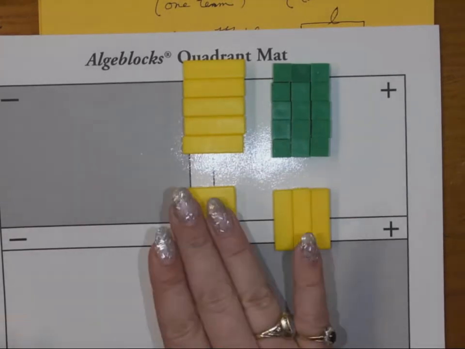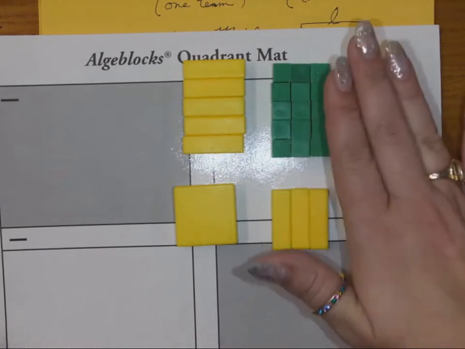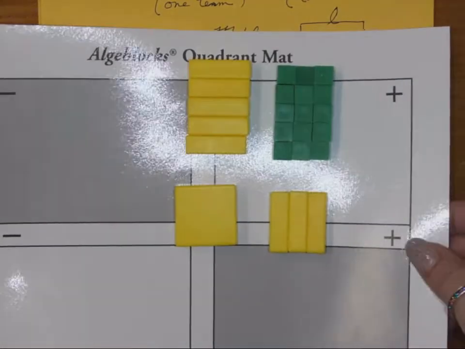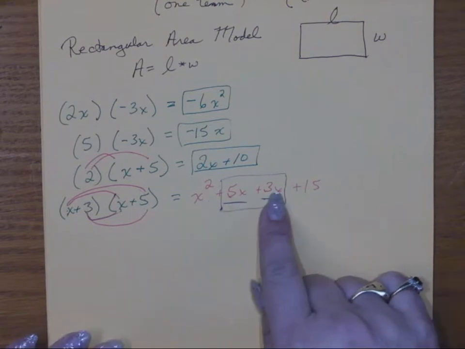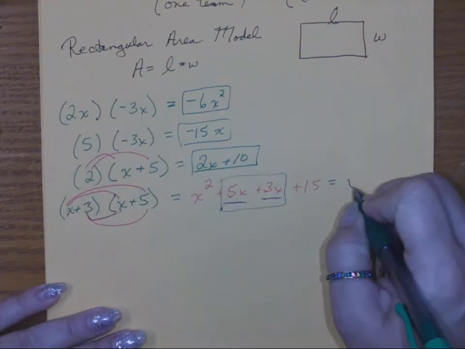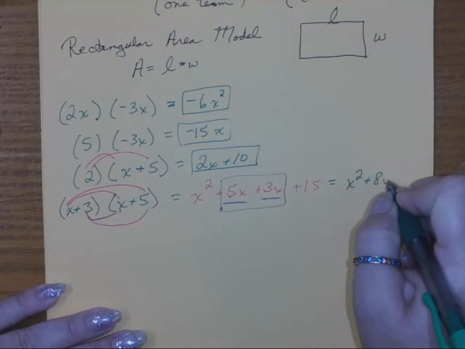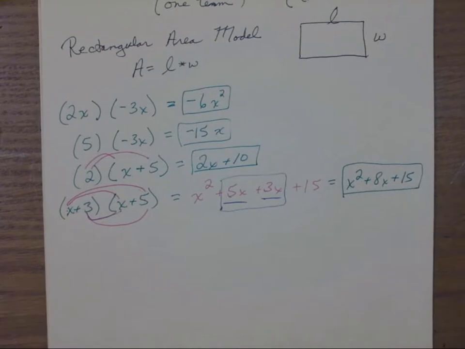So one of my partial products is x squared, one is 5x, one is 3x, one is 15. And sure enough, there it is, x squared, 5x, 3x, 15. Now we know that in a second we're going to combine all those like terms. X squared plus 8x plus 15, and that's what we're going to get, right?